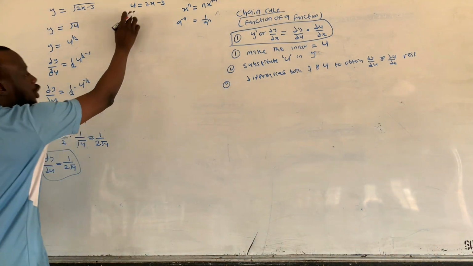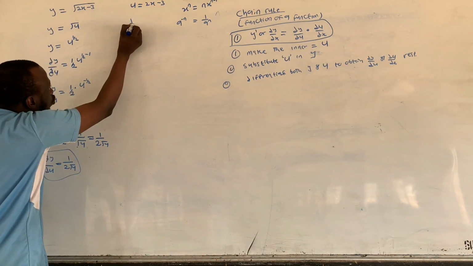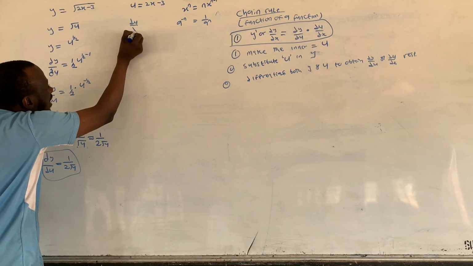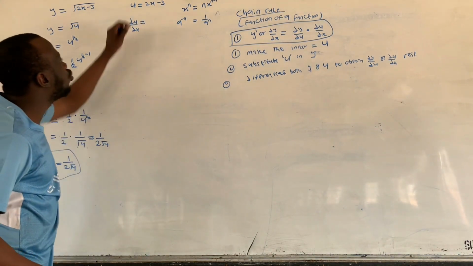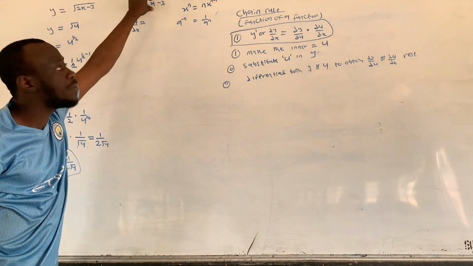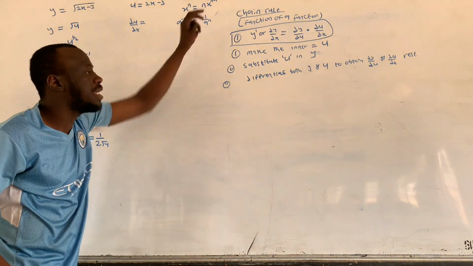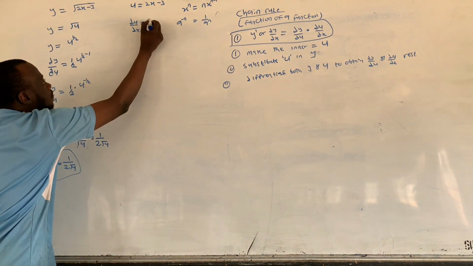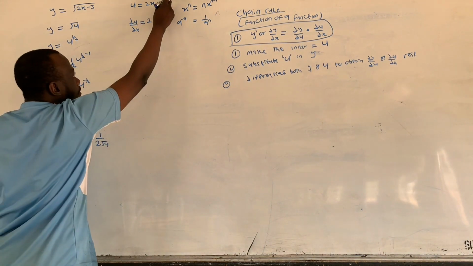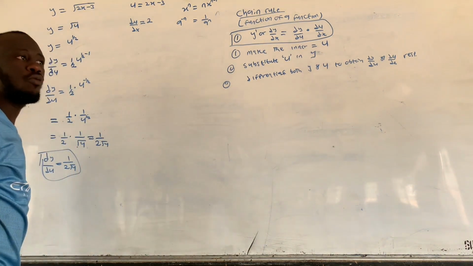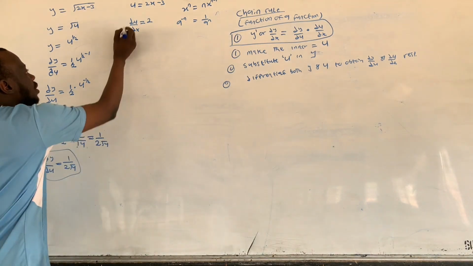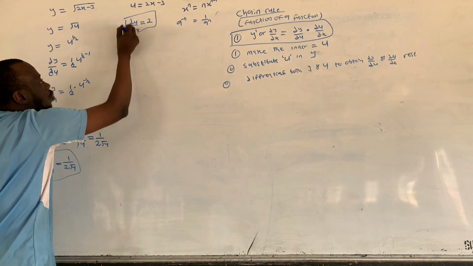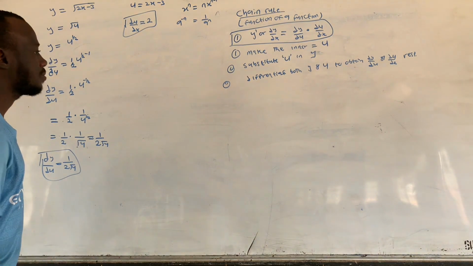Then we differentiate u. We say that du over dx equals what? Remember, the differential of 2x is 2. Following the same formula here, we have 2. 3 is a constant, so it becomes 0. Now, this is our du over dx.